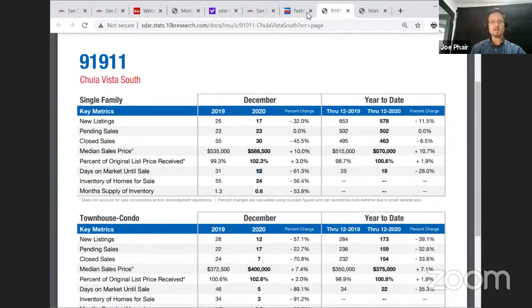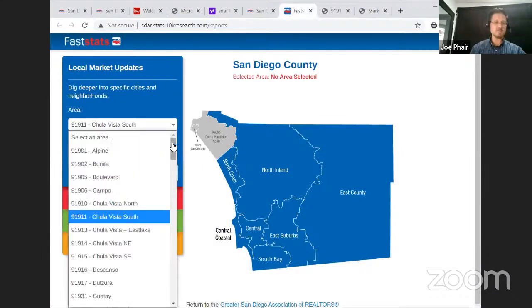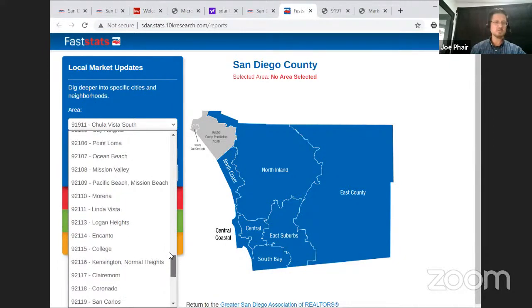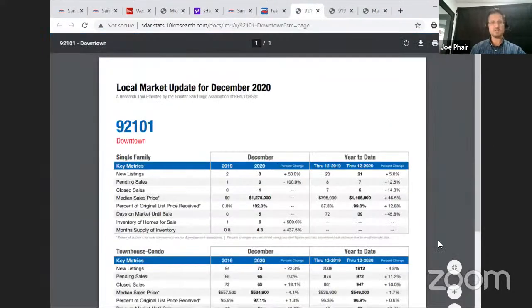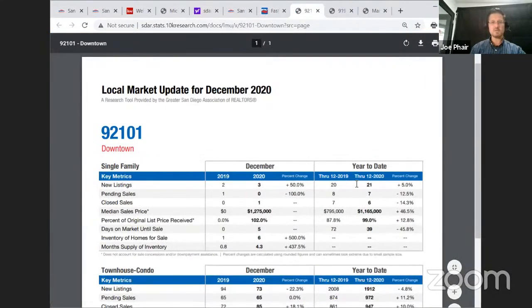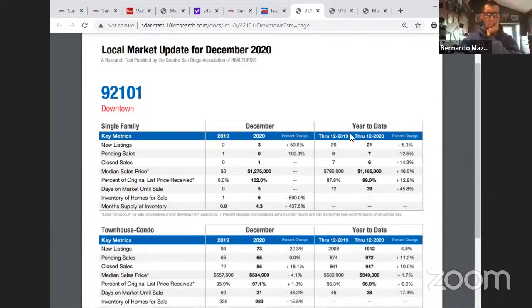Now, let me show you what I'm talking about in terms of downtown. These numbers are going to be a lot different. 92101 downtown. Take a look at this. By the way, can everybody hear me okay? Yeah? Okay. All right.